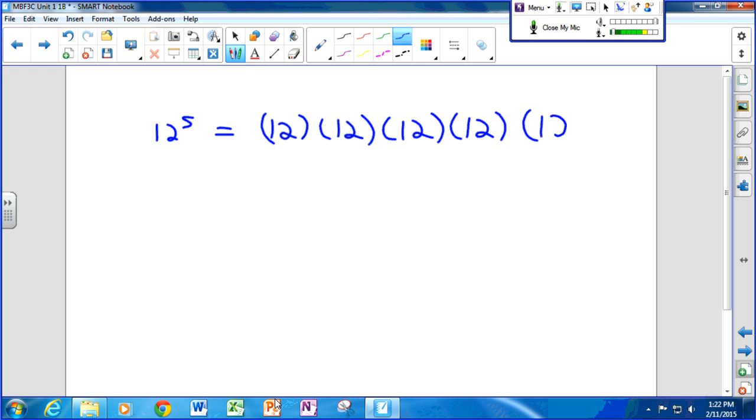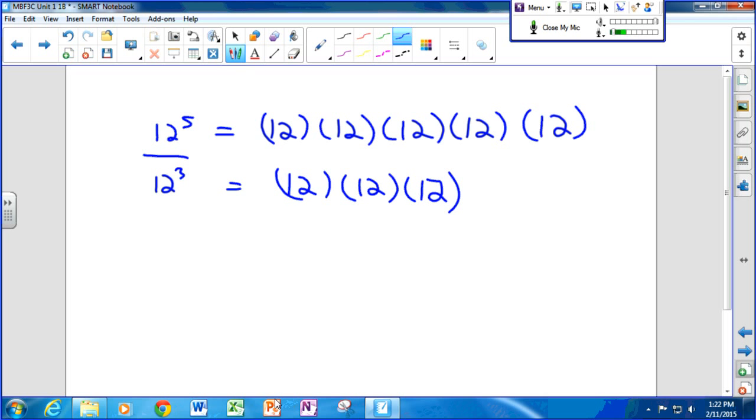I have 5 of them there. And 12 to the power 3 in the denominator is just equal to 12 times 12 times 12. Whoa, okay, that was an ugly looking 12. So really, if you had this situation here, I'll draw my line here.